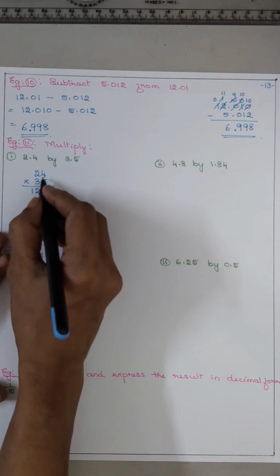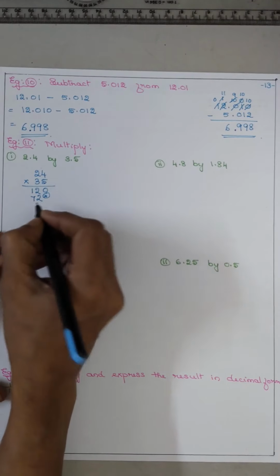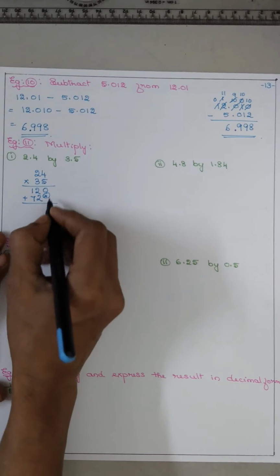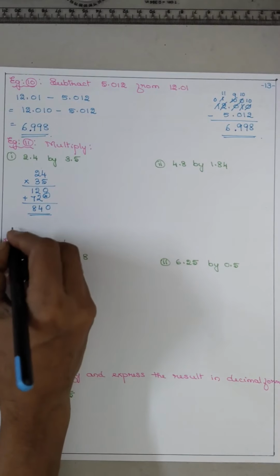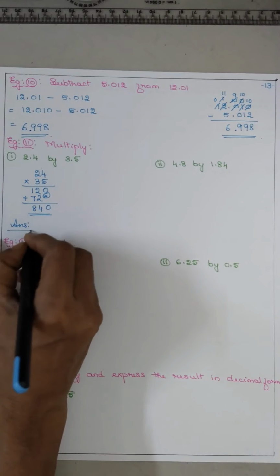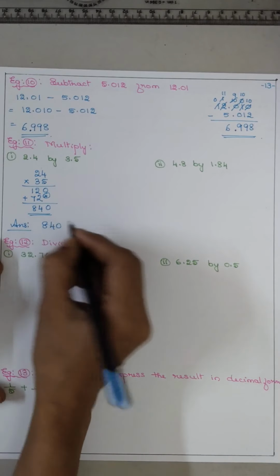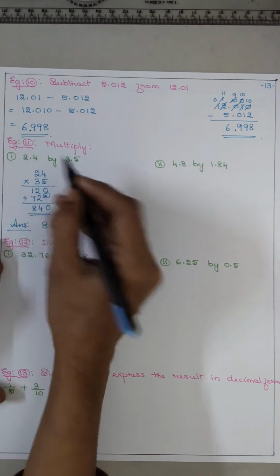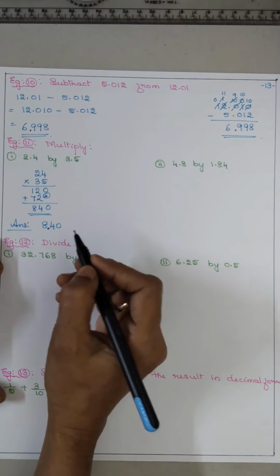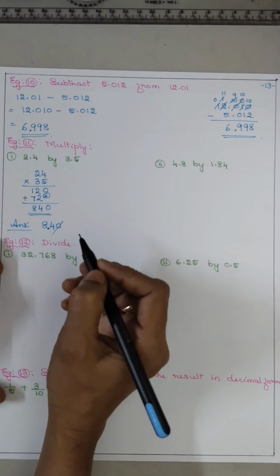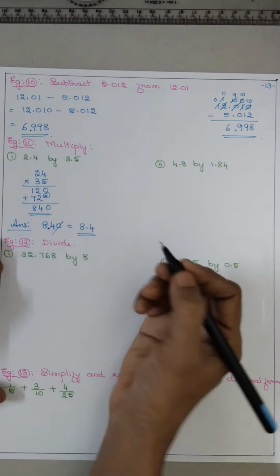Now 3 fours are 12, 3 twos are 6 plus 1, 7. So 0, 4, 8. Now the answer is 840. But here 1 decimal, 2 decimals. But here 0 has no value in decimals, so the final answer will be 8.4.